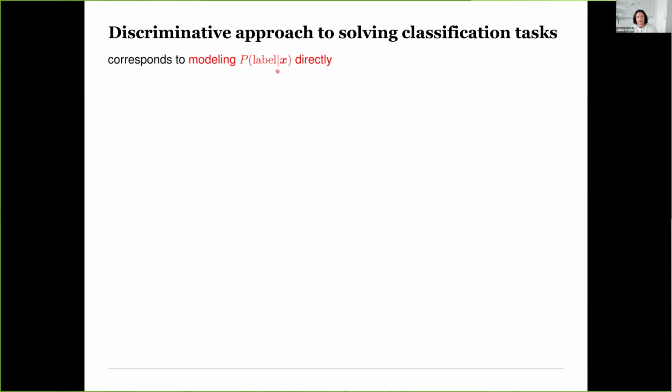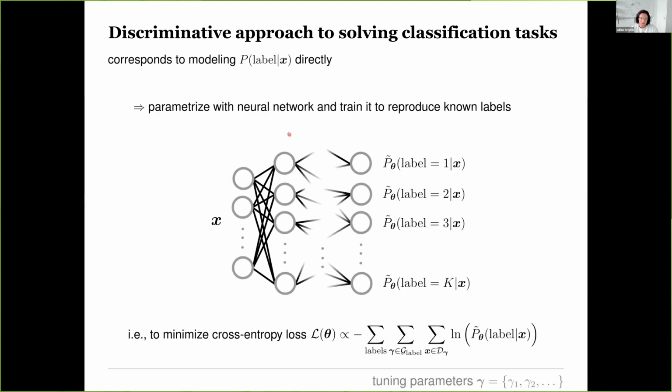So what I mean by that is usually what you would do is you would parameterize this object with a neural network, and you would train it to reproduce some known labels. So this is similar to when you want to classify, for example, images of cats and dogs. But here we want to classify or distinguish between different points in parameter space.